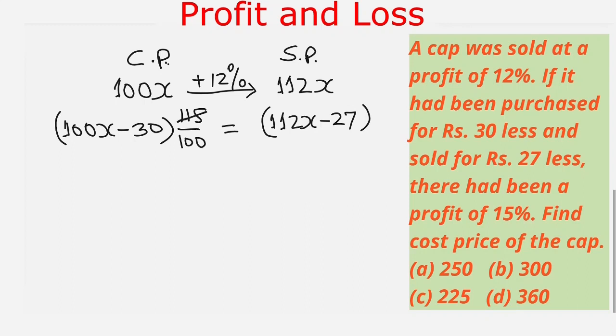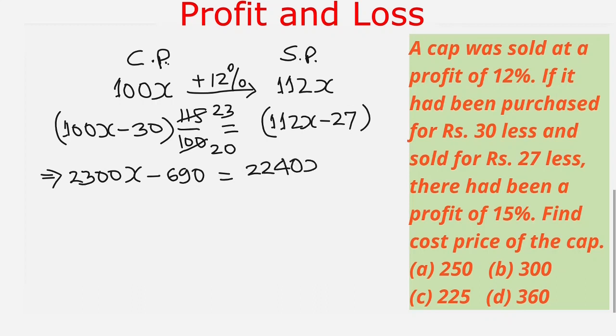5 cancels 115 for 23 times and 100 for 20 times. Now on solving, we get 23 when multiplied by 100x gives us 2300x, and 23 multiplied by 30 gives us 690, equal to 20 multiplied by 112 gives us 2240x. 112 times 2 is 224 and we add 0 to it.